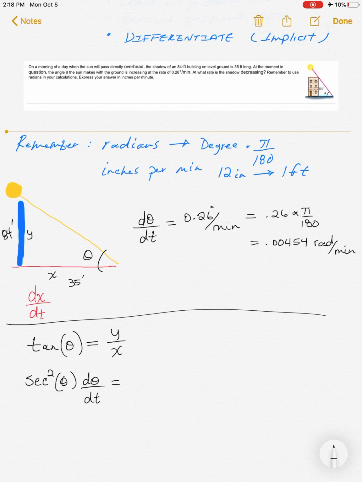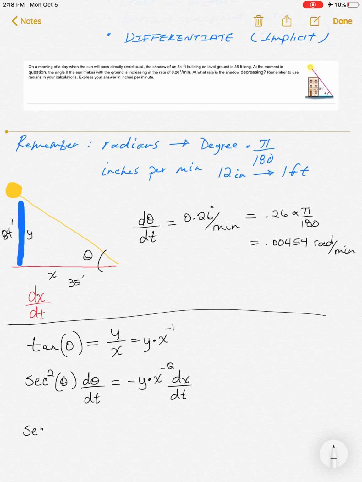And if we rewrite this, taking y as a constant, this would be the same thing as y to the negative 1. And so we would have negative y times x minus x squared dx dt.